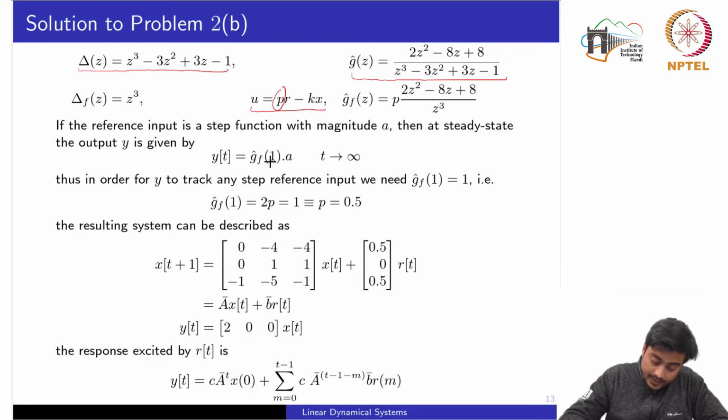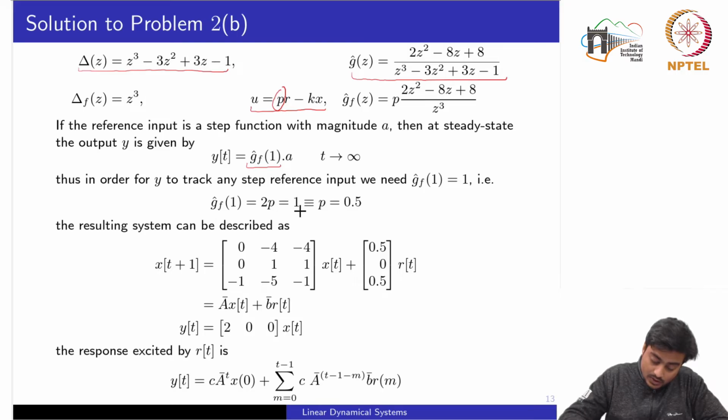G hat F at 1 times A as t tends to infinity, where t is discrete in nature. Thus, in order for Y to track any step reference input, we need this factor to be equal to 1. That is, if I compute G hat F of 1, we will get twice of P from here.